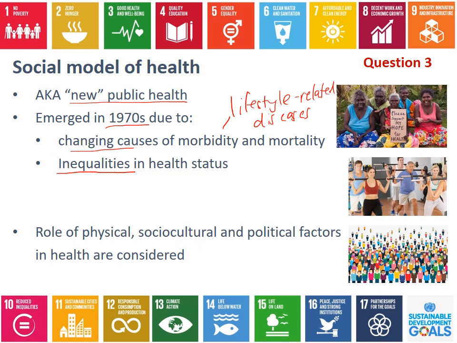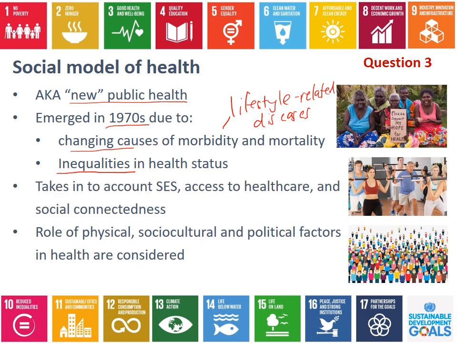The social model of health considers the role of physical, sociocultural, and political factors. It takes into account socioeconomic status, access to healthcare, and social connectedness. And we'll look at those in a little bit more detail.